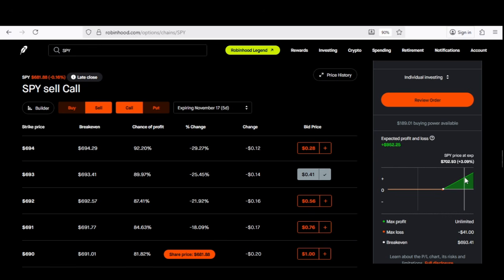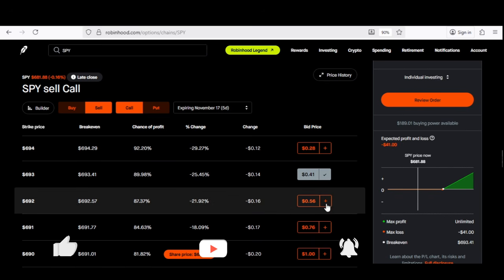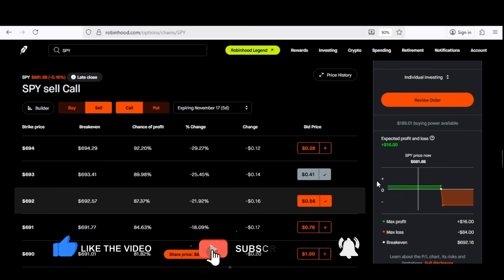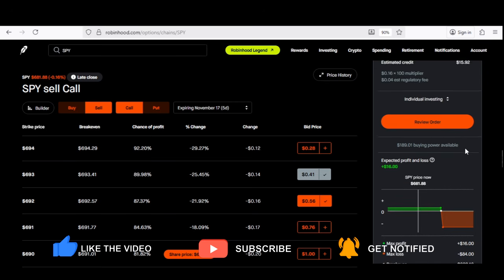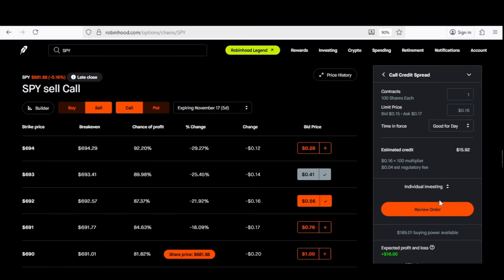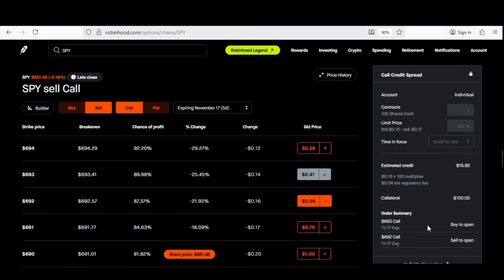So in this scenario, your expected profit or loss is going to be unlimited. Well, in this case, it's just going to be the expected profit. You stand to gain as much, it never stops until the expiration date comes about. So that's the difference between a defined risk option strategy and an undefined risk option strategy. So let's go ahead. We're going to put this back right here. And we may have to refresh it. Let's go review order. There you go.